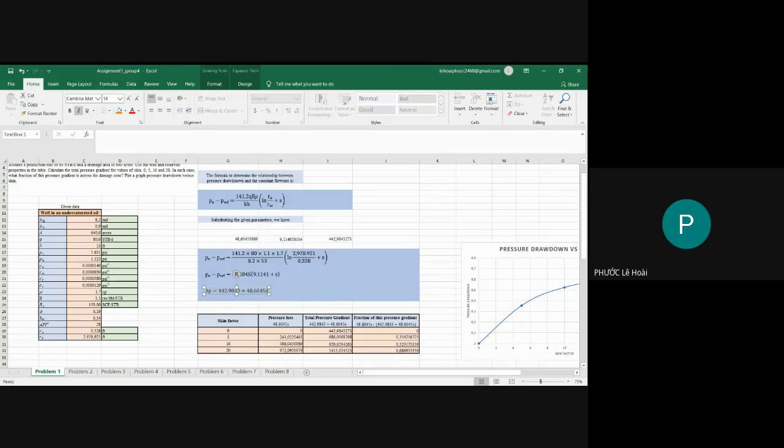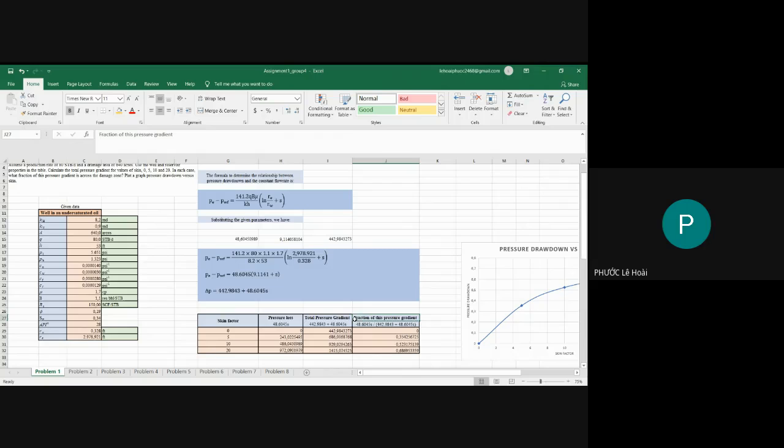So we will replace the skin factor with 0, 5, 10, and finally 20 here, and we will have the pressure loss equal to 0, over 200, over 400, and nearly 1000 here. And for the total pressure gradient, we will use this number to add with these four numbers here. Then we will have the numbers here.